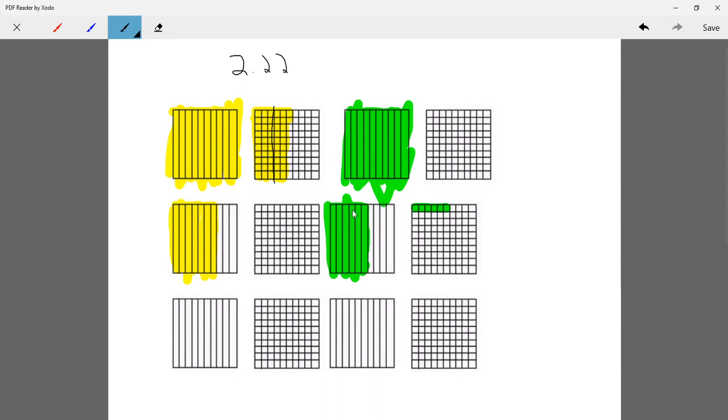So this would be 1, 1, 2, 3, 4, 5, 6. Then we would have 1, 2, 3, 4, 5, 6. So that would be 1 and 6 tenths for here, and then 6 hundredths, which would be 1 and 66 hundredths.